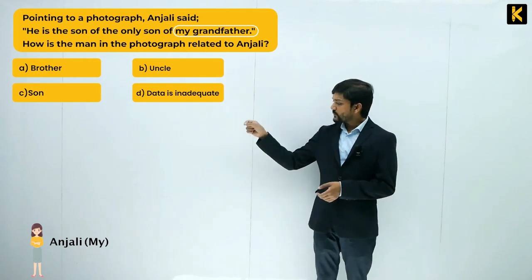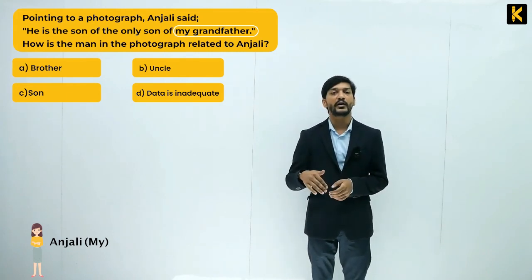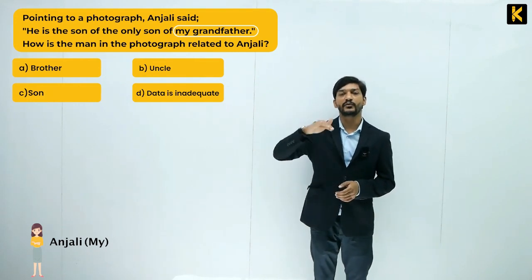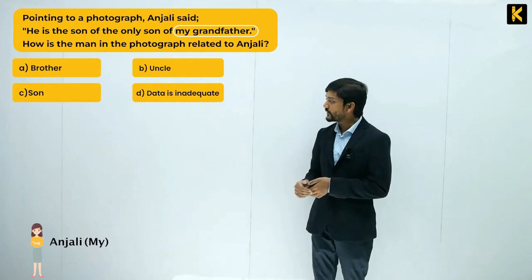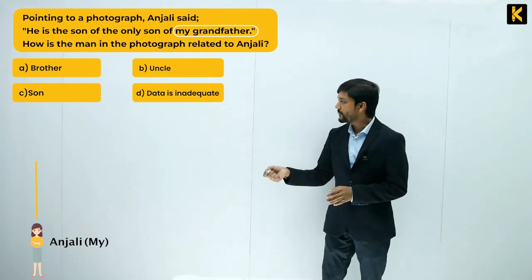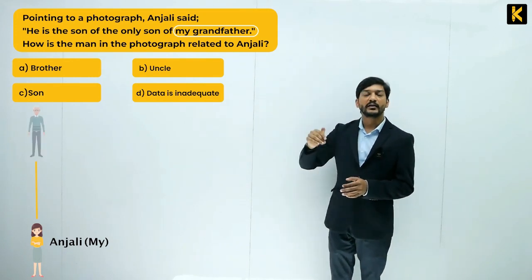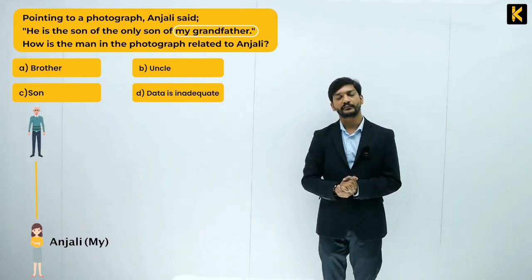Now for this person the word my is used in the statement, and I have to draw my grandfather. So grandfather will be 2 generations above, right? So 2 generations above this person Anjali, I will draw one more person who is the grandfather of Anjali. So let me draw a big line, and above that line I will show the grandfather.